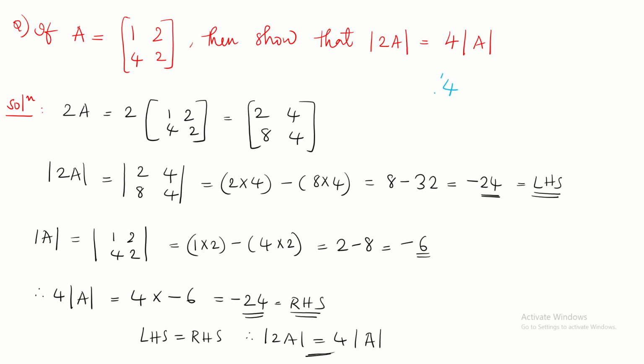See here, there is a difference between determinant of 4A and 4 into determinant of A. In the first case you have to multiply the matrix by 4, and that matrix's determinant you have to find. In the second case, you find the determinant of A, and then later that answer you have to multiply with this 4. Okay, you have to keep it in mind when you get these types of questions.